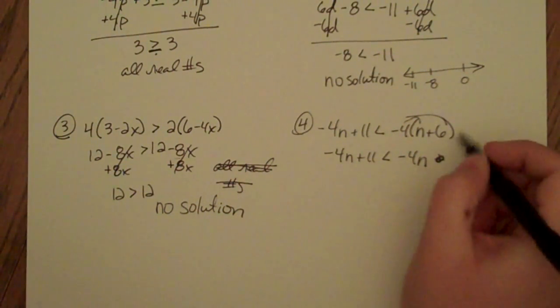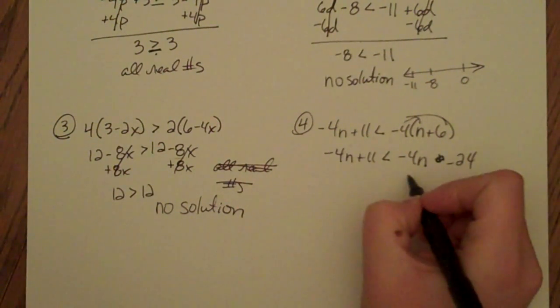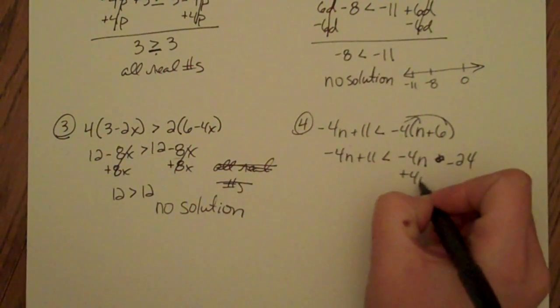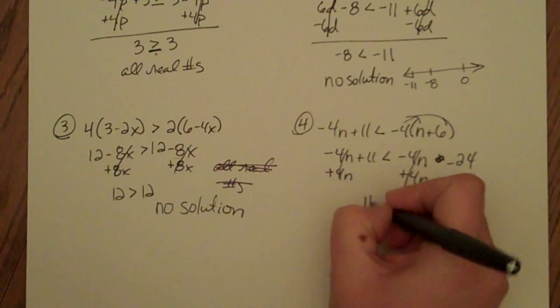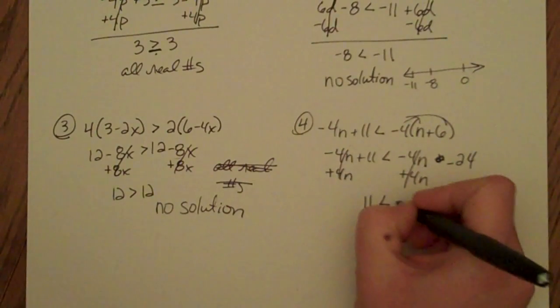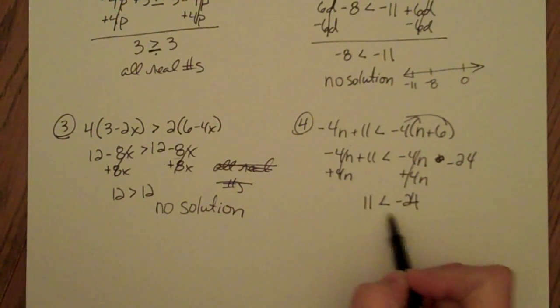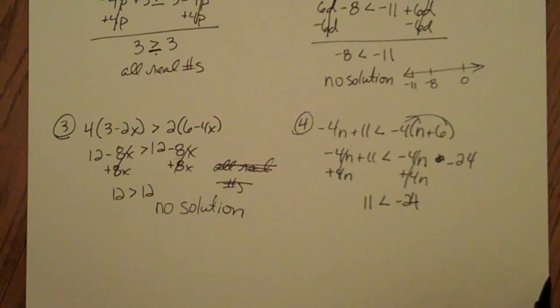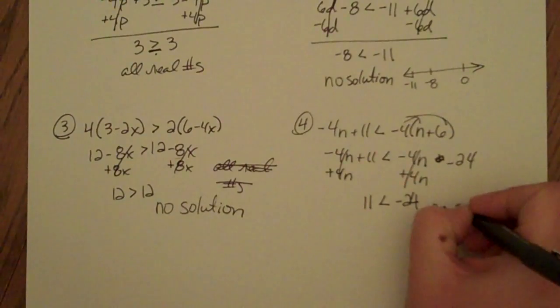So that's going to be negative 4n minus 24. So again, we want to add 4n to both sides, which makes those cancel, and we have 11 is less than negative 24. 11 is not less than negative 24, and so this would be a no solution.